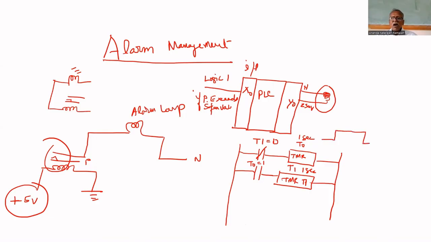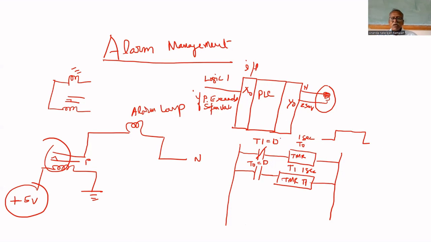After 1 second, because T1 becomes 1, T1 bar becomes 0. That's why it will be turned off immediately. Turned off, but this turned off means T0 also becomes 0. That's why T1 is immediately turned off.